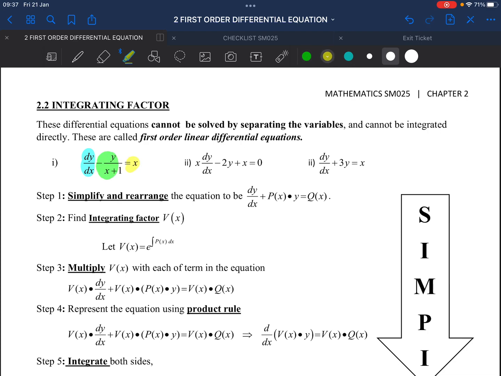This one is 1, 2, this one is considered as 1 and 3. Maybe 1, 2, 3. Kalau kita ada 3 block dekat sini, 3 expression, so you have to use integrating factor.